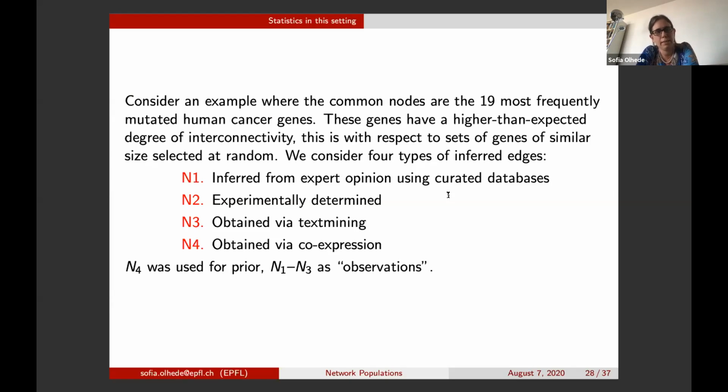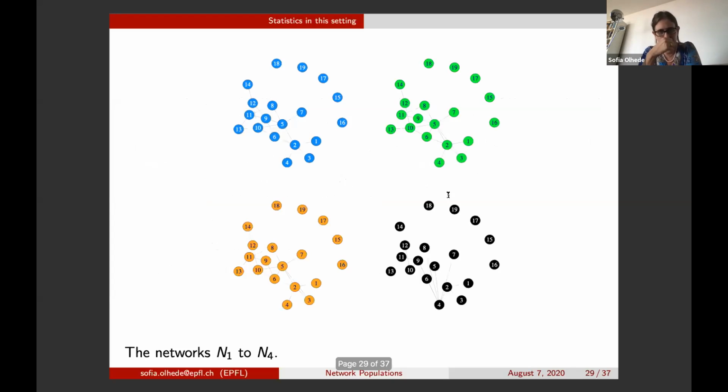And we're going to put in N1 to N3, networks inferred from expert opinion, experimental determination, and text mining. And we're going to use another as a prior, to have the mean, a sort of gold standard network obtained via co-expression, and then do the analysis to see what comes out on the other side.